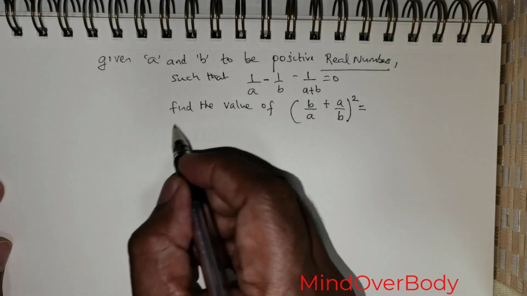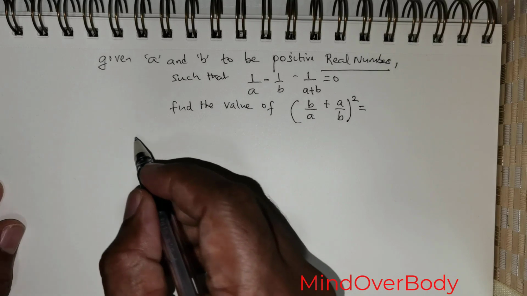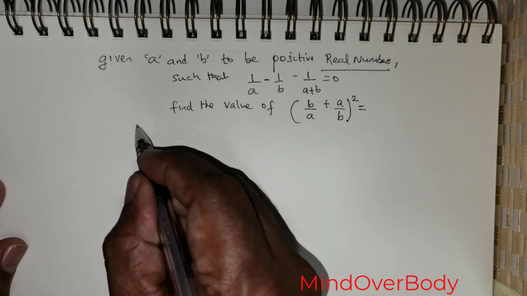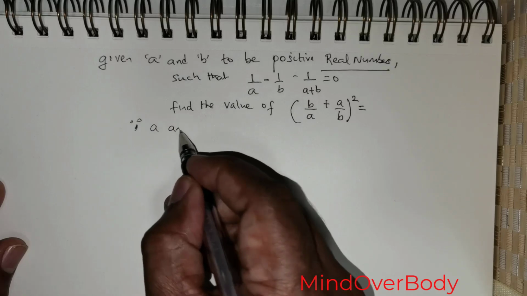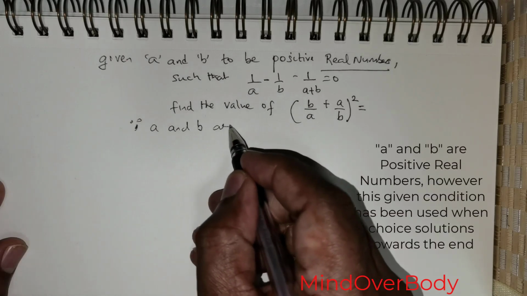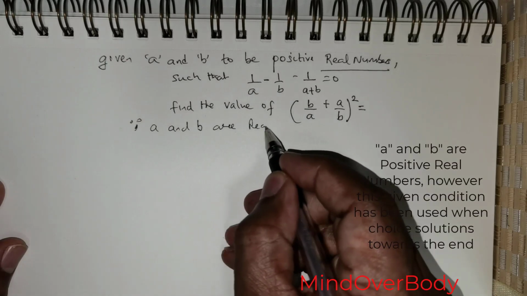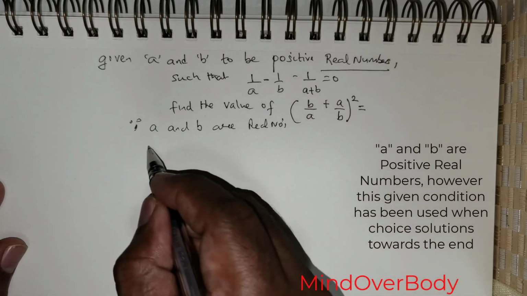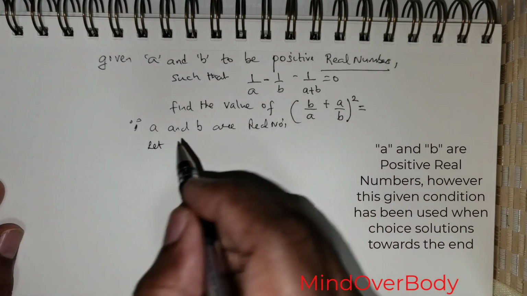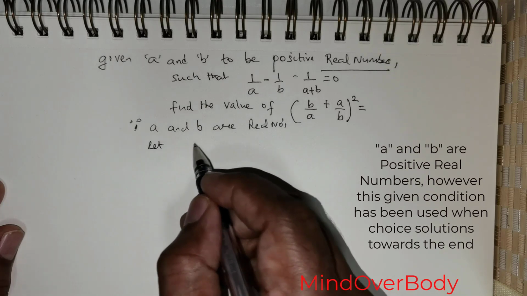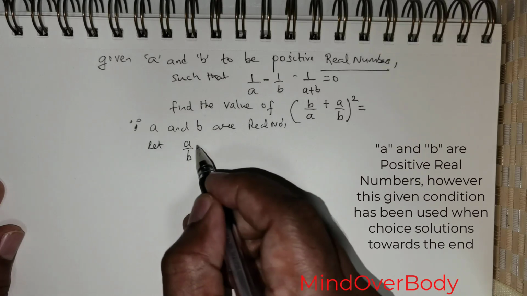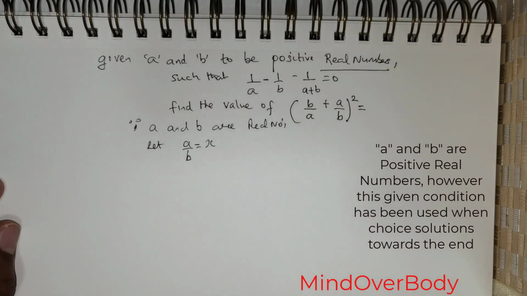So now what I'm going to do is, to start off, since this is important, since A and B are real numbers, let me just write A over B to be some x.